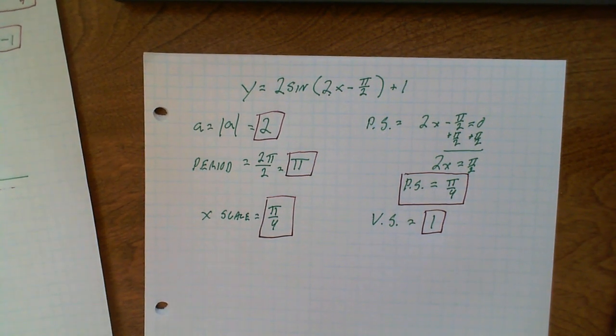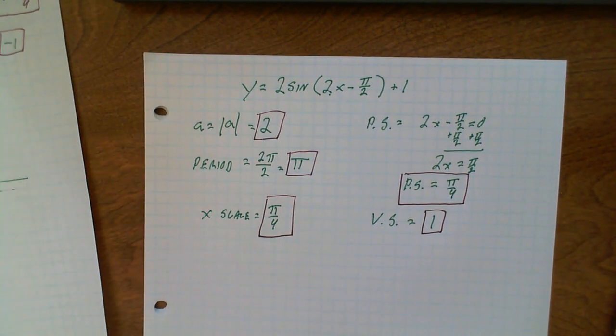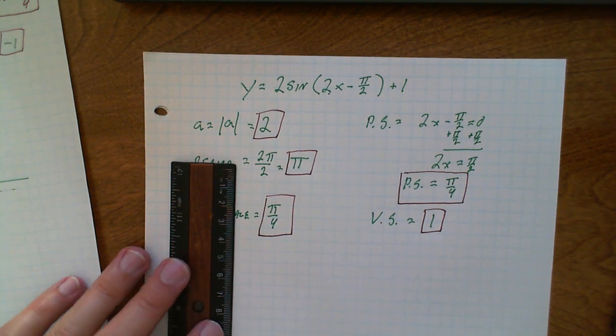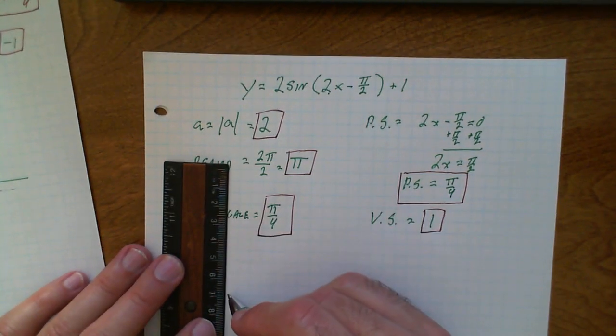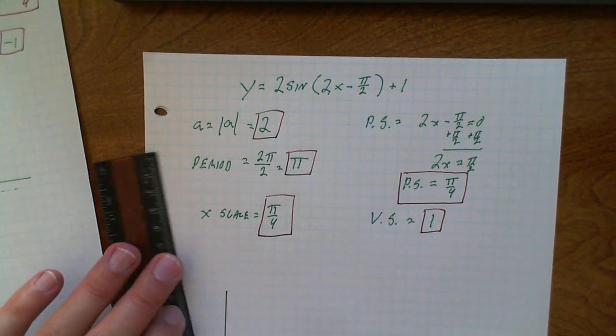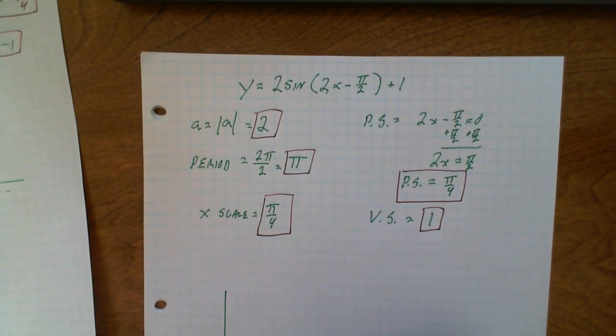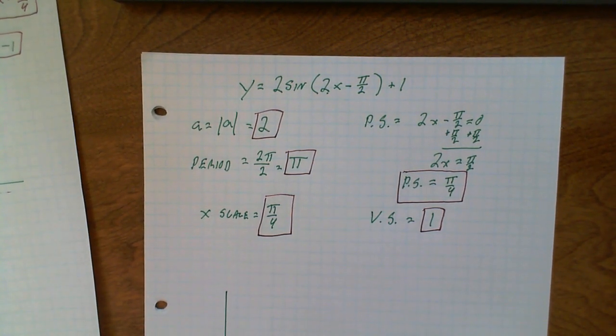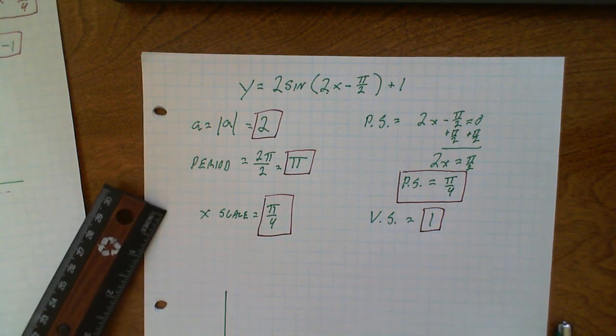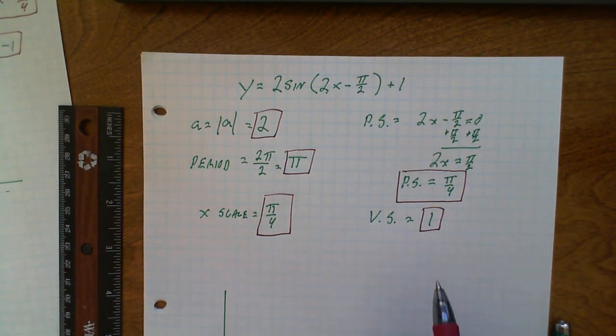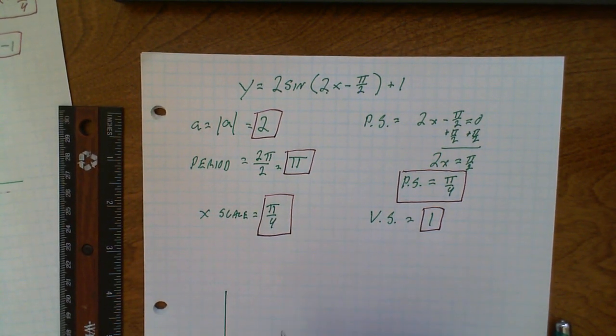So now, let's go ahead and do our graph. Go ahead, pause it, and see if you can graph it on your own. Okay, so looking here, our vertical shift is plus 1.